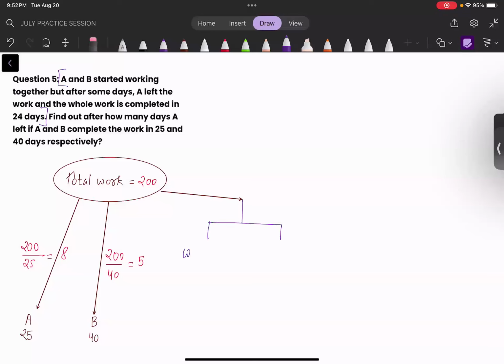A and B. Finally, B is working only because A left. Do you know for how much time A and B worked?